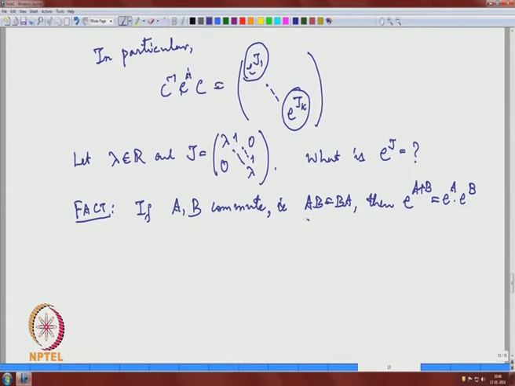Okay. And in general, if we have non-commutativity, then we may not have equality in this. E to the A plus B may be different from E to the A and E to the B.